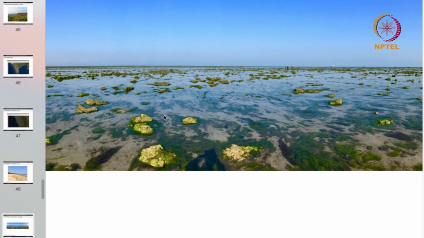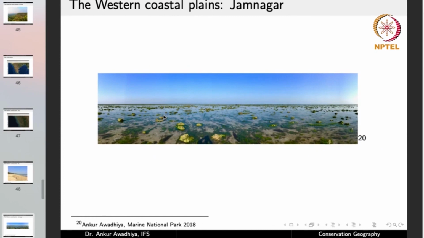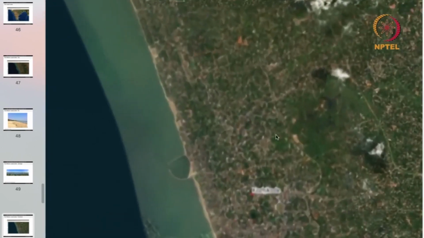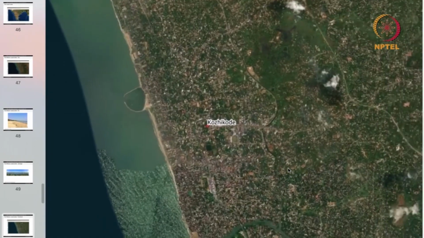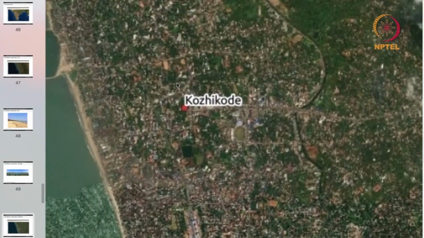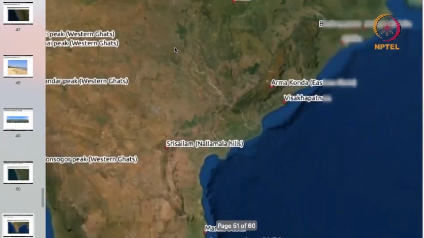When there is a low tide, then this region will emerge back again, telling us that the heights are not very great. Now this is the western coastal plains in Kozhikode, and in this area you'll find that it is very densely habited. So we have a large number of houses in these areas, and this is a city.